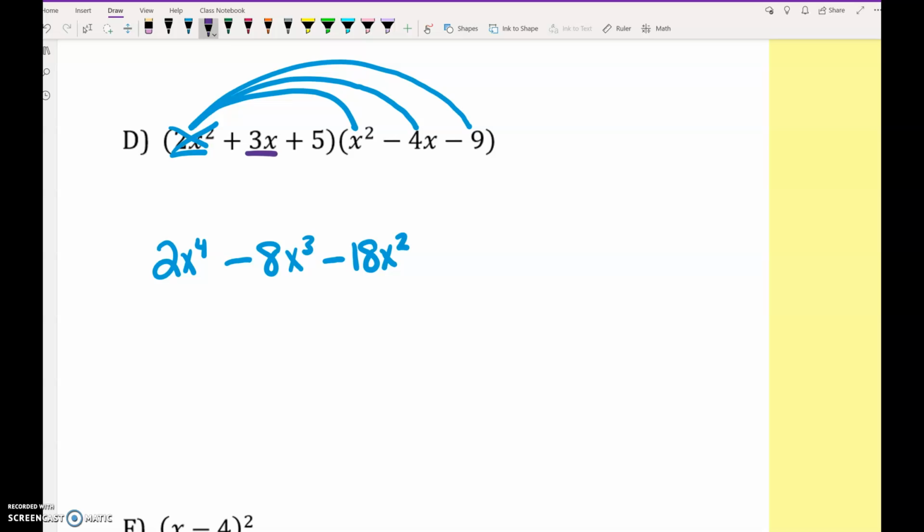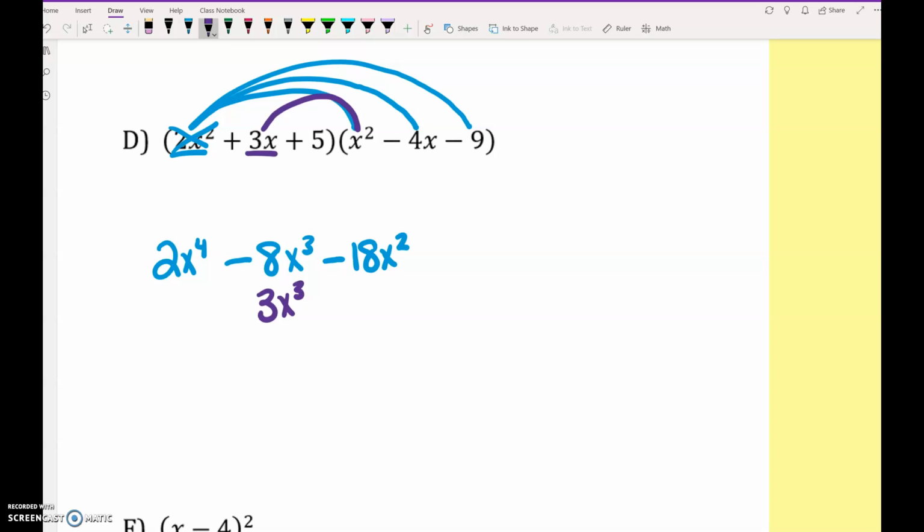Honestly, a friend of mine showed this to me in college, and it was mind-blowing, like, why has nobody shown me this hack before? 3x times x squared. What's that going to give us? 3x cubed. I'm going to write 3x cubed right underneath the other x cubed term.